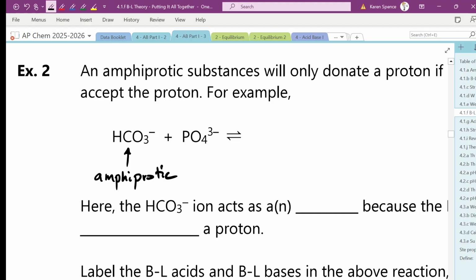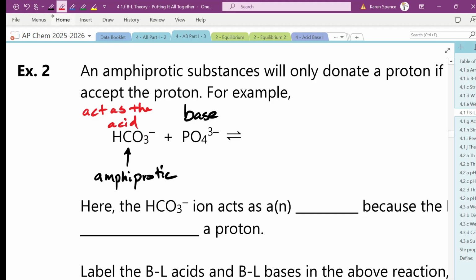However, if what it is mixed with is PO4 3 minus, what will it act as? It will act as an acid because it is with a base. So therefore, this one will act as the acid.